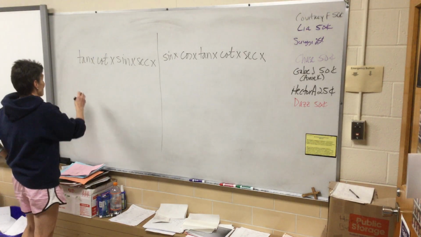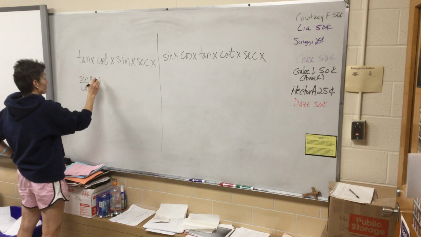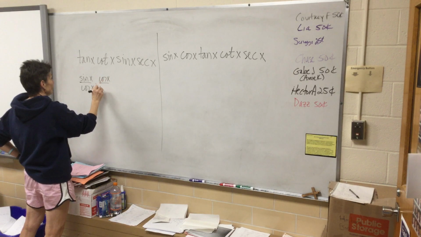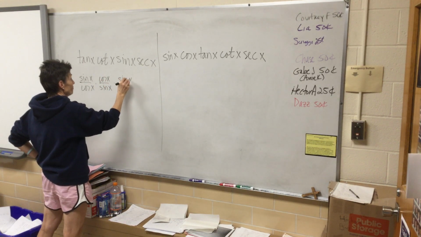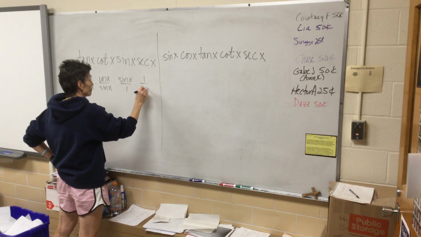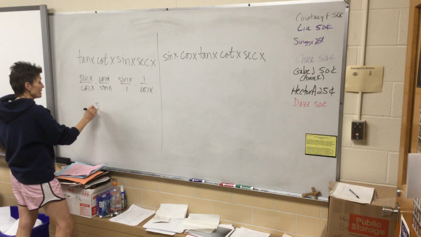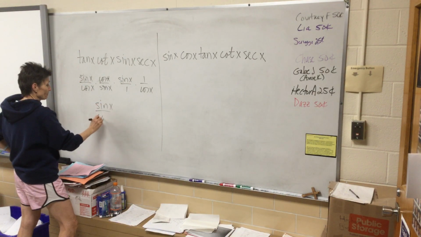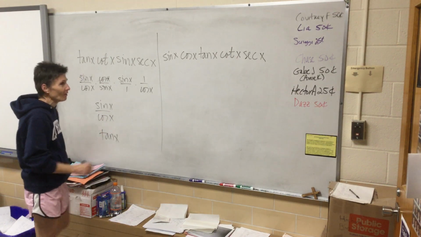What'd you get? So tan would be sine over cosine. Cotangent would be cosine over sine. Sine would just be sine x over 1. And then secant would be 1 over cosine. Perfect. So you started crossing out, and did you end up with sine over cosine? Yeah, so it'd just be tangent. Very good, Lindsay. Super. All right, try that one.